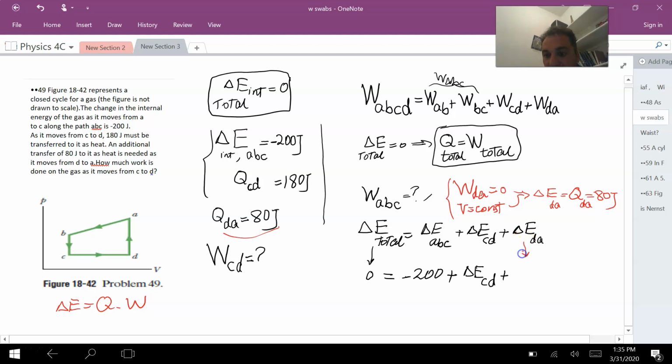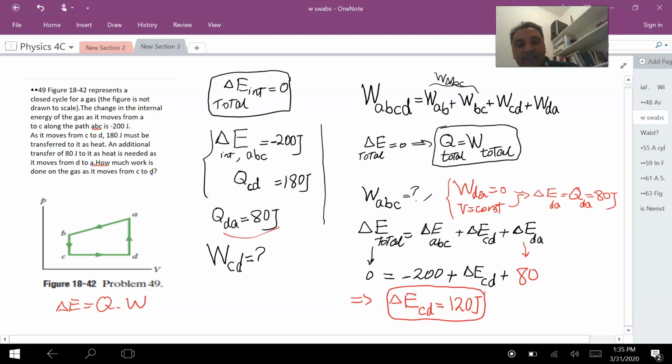That's why this delta E in the path of dA will be 80 joules. Therefore, I can find delta E in the path of CD is equal to 200 minus 80, answer is 120 joules. This is delta E in the path of CD.